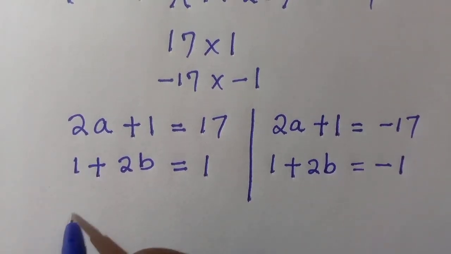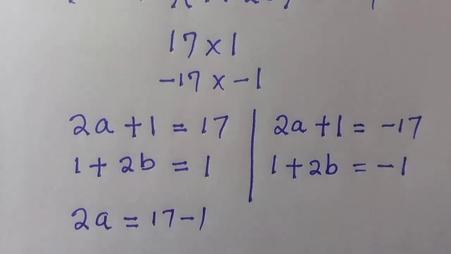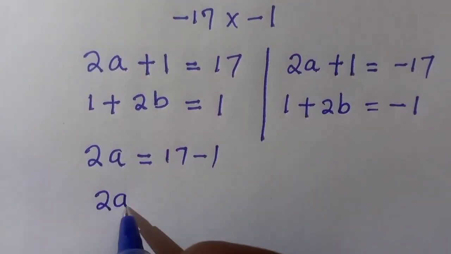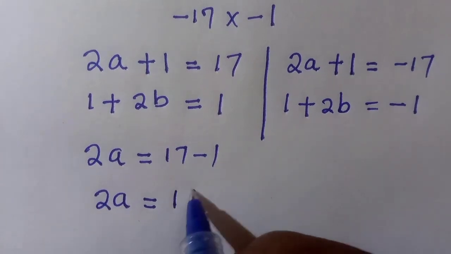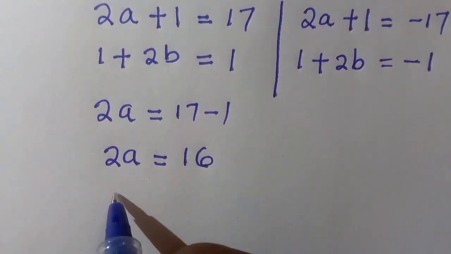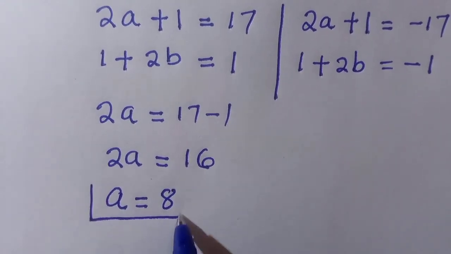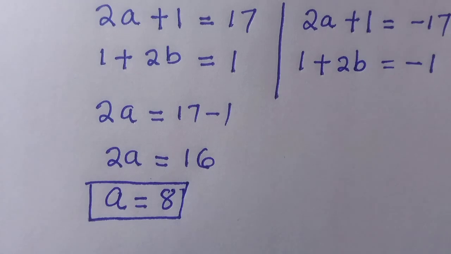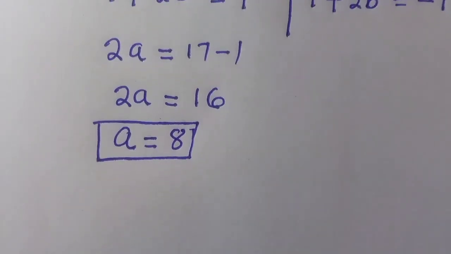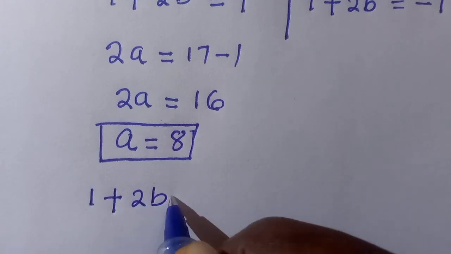To get the value of a, we consider the first case: 2a equals 17 minus 1, so 2a equals 16, and dividing both sides by 2, a equals 8. To get the value of b, we consider the second equation, 1 plus 2b equals 1.